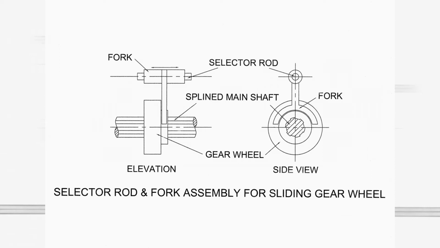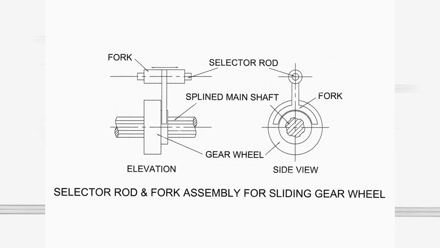So, for the movement of fork, whole rod moves along its axis and carries fork with it. Another option is that the selector rod is fixed in the casing of gearbox. Here, the fork moves over it.